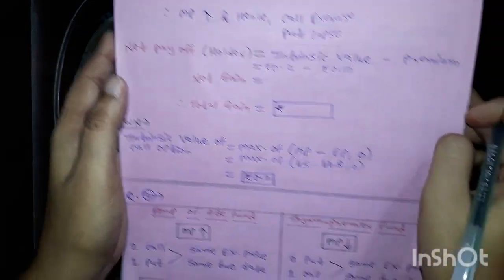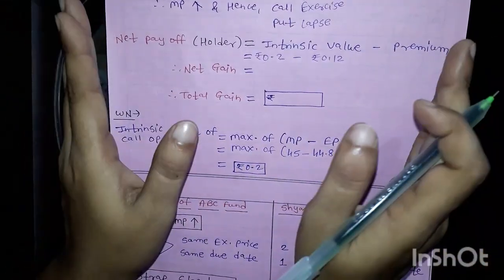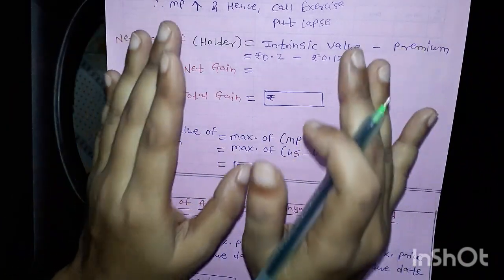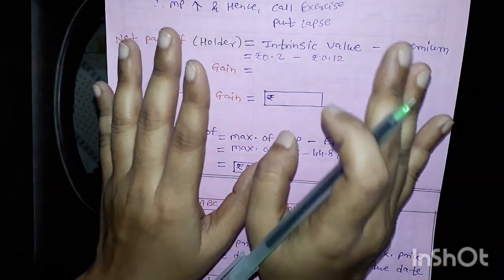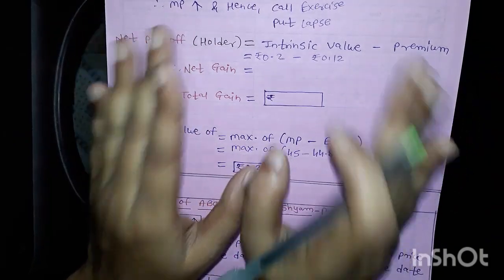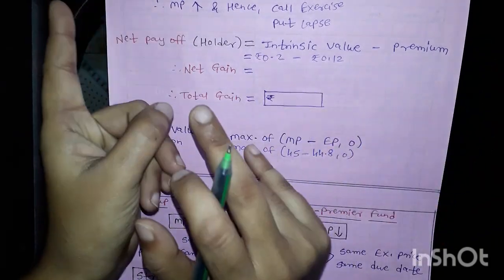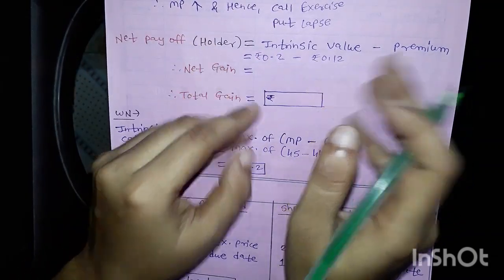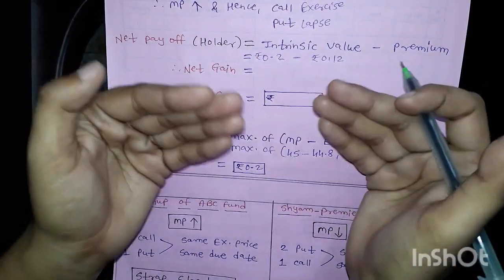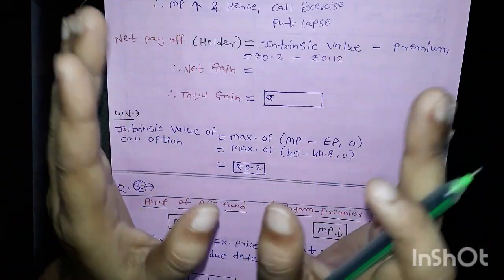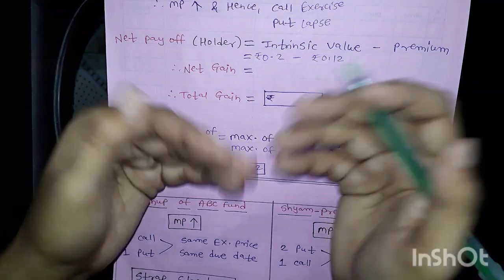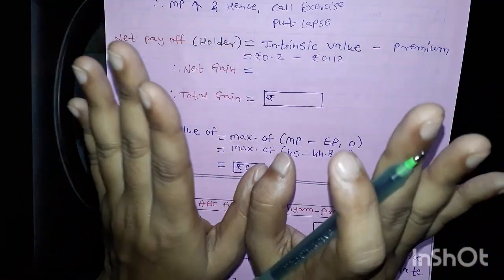Because in case of writer, any kind of premium is income for him, that's why we have used both kinds of premium. But here we are calculating from the holder point of view. In case of holder, whatever option we have exercised, that premium only we are going to use.